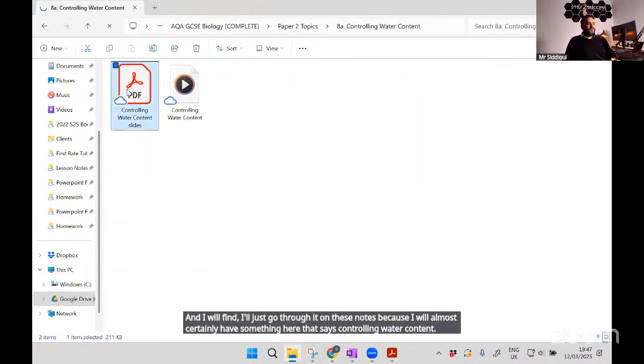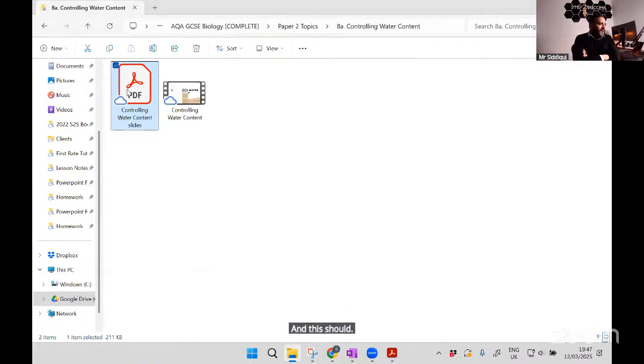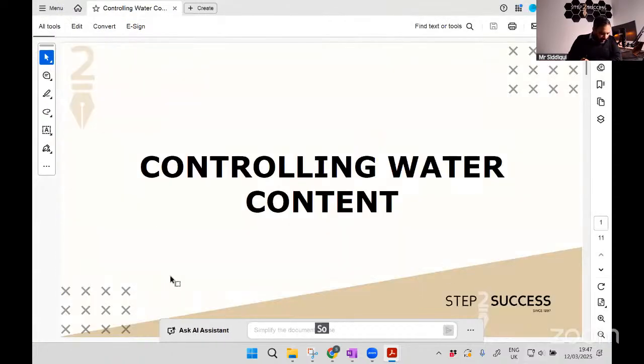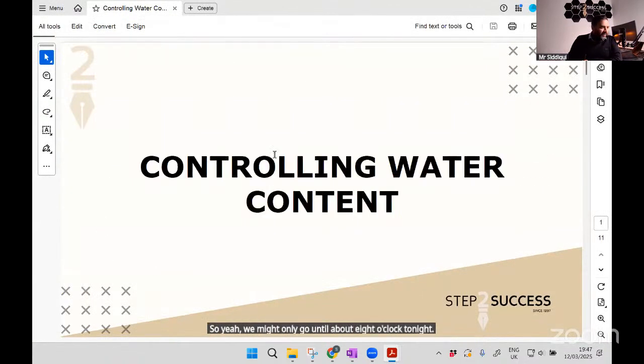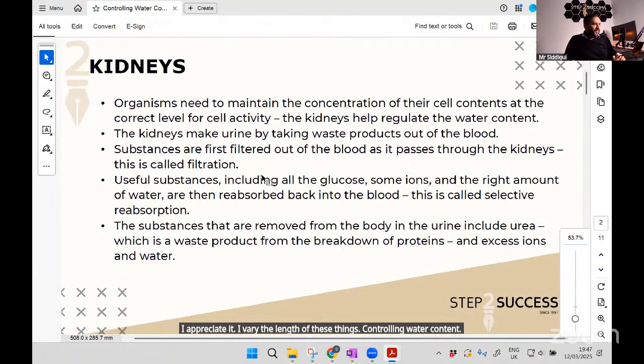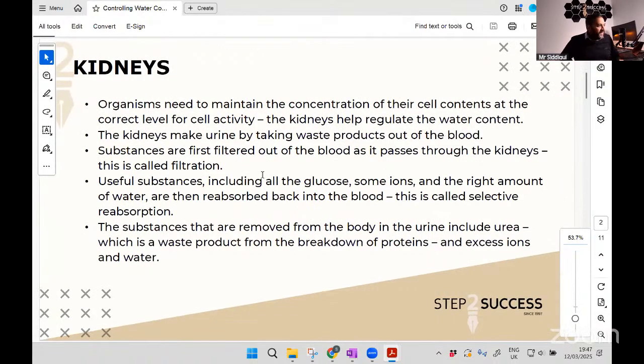This should be enough for covering that topic, but I need to bring it down here. So we might only go until about 8 o'clock today. I appreciate I vary the length of these things. Controlling water content. Right, the kidneys. So the question about the kidneys. This is the bit that I'll finish off with.